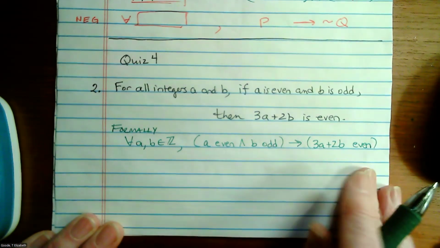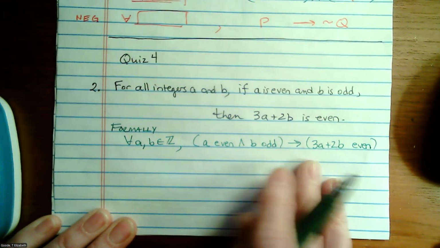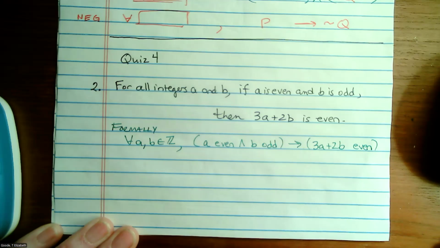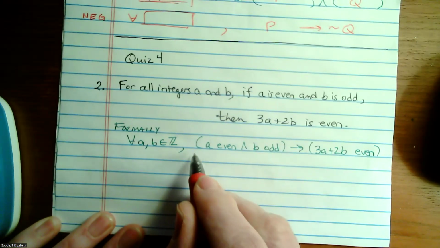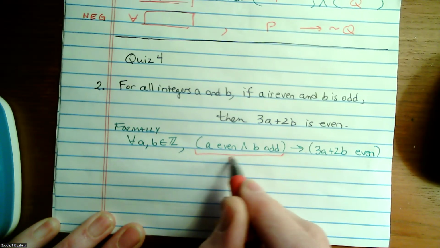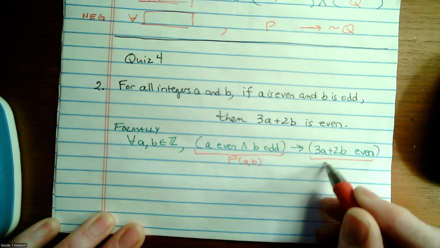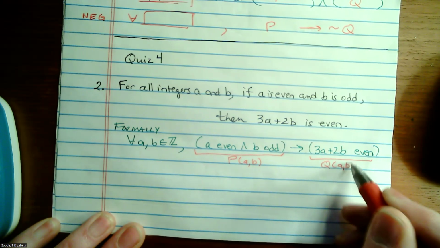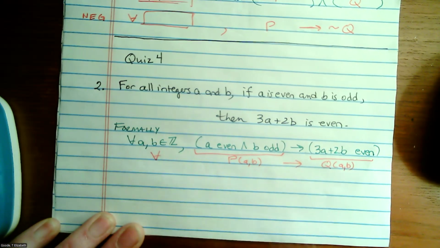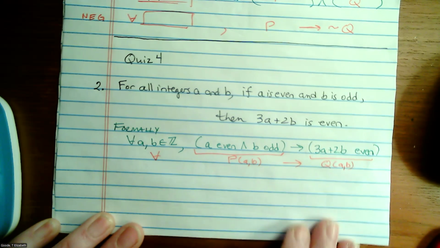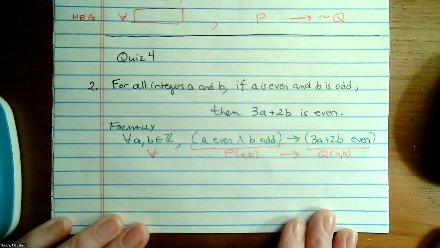Now that's sort of junky, but just for our own edification, we can realize, here's the hypothesis P of A and B, here's the conclusion Q concerning A and B. And it's a for all statement that's an if-then.